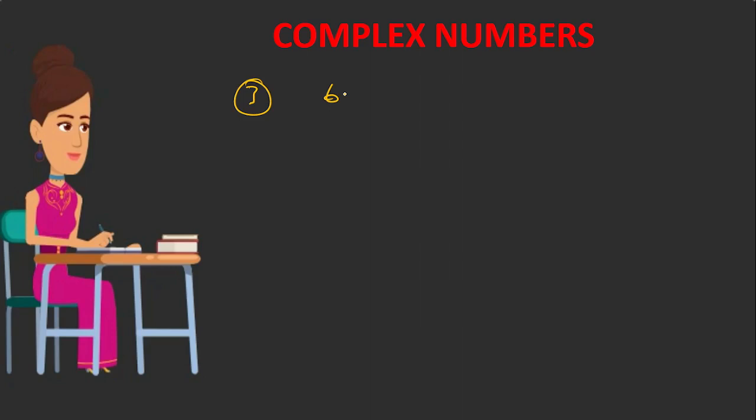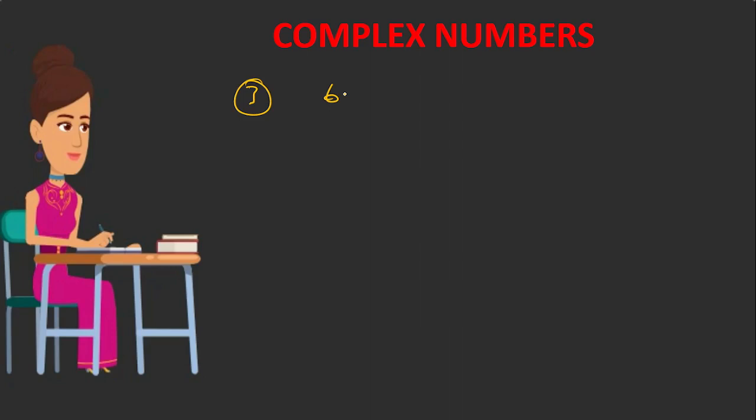To get rid of the denominator, you can look for the conjugate, because we know that this expression is the same as 0 plus 2i.